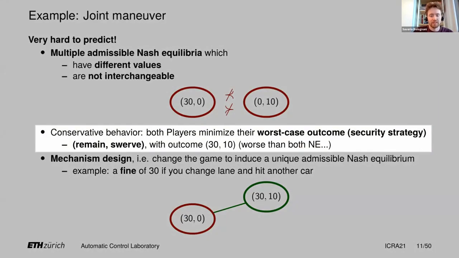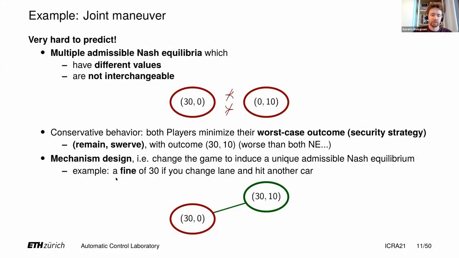If both players were to be very conservative, think of them deciding to do some sort of robust control, they want to consider the worst possible outcome, which is called security strategy in games, and apply that, then they end up with an outcome which is worse than any Nash equilibrium. So there's something to gain in at least playing the game, but then you need to decide which one you would like to agree on.